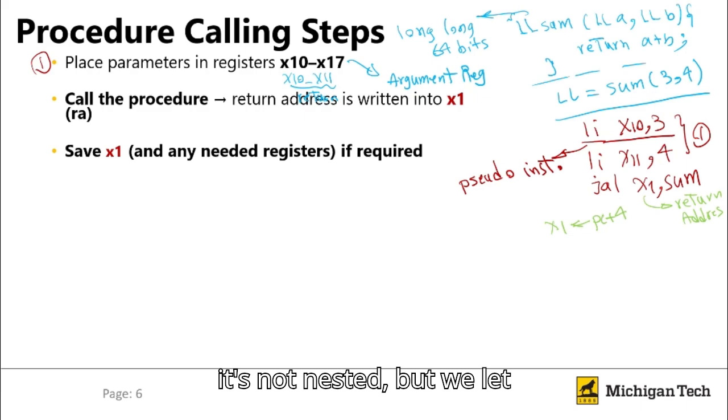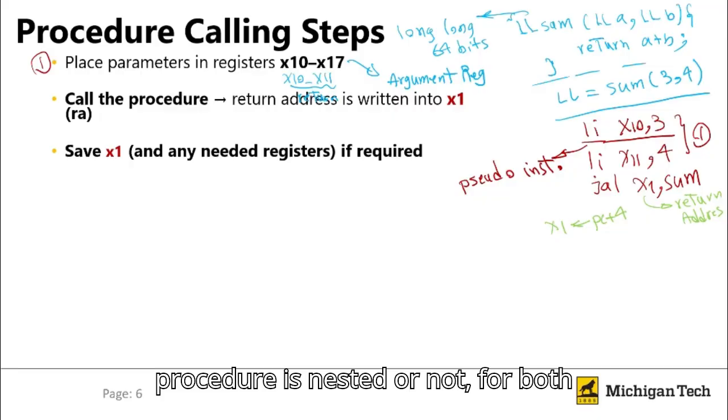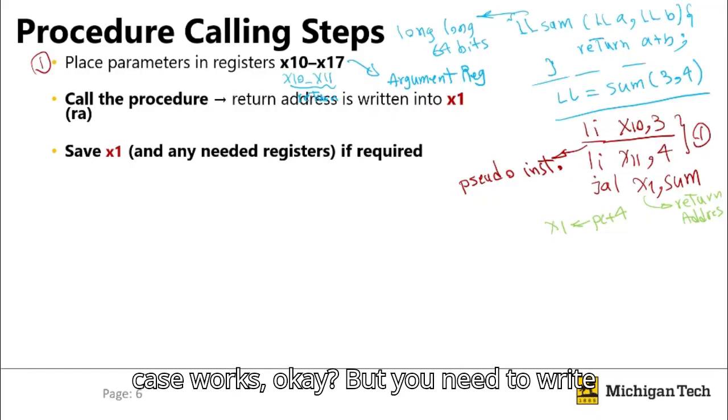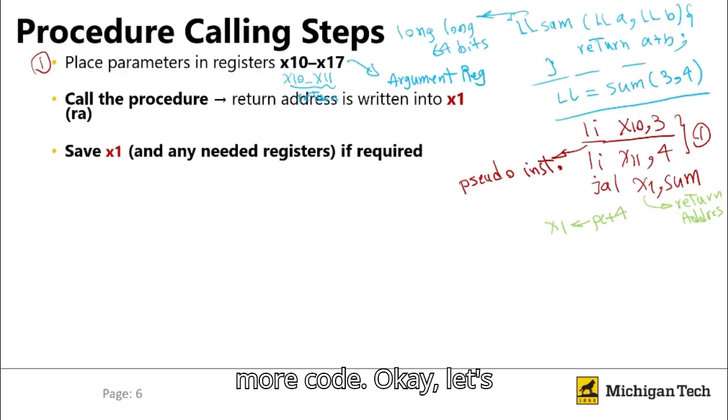In this example it's not nested, but let's consider it is. It still works. These steps work whether your procedure is nested or not, but you need to write more code. Let's try to save x1 in the stack.